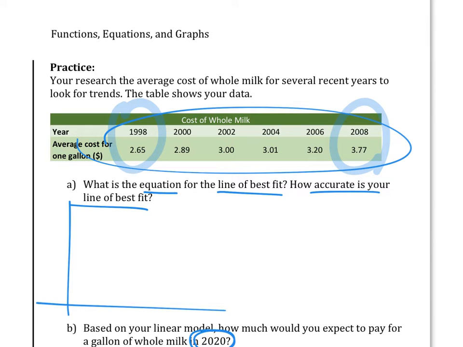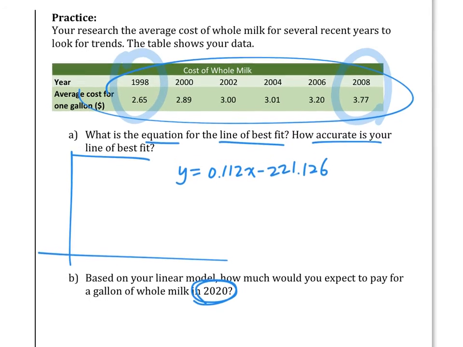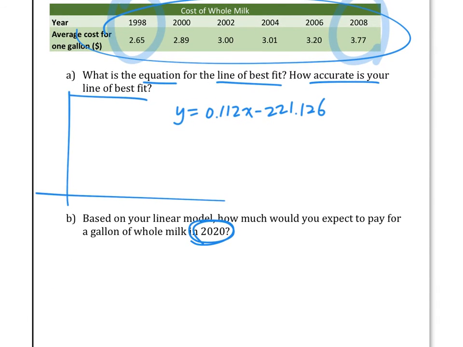So my line of best fit ended up being y equals 0.112x minus 221.126. And from my line of best fit, my expected price in 2020 is going to be $5.11.